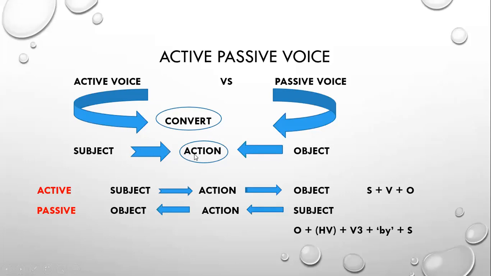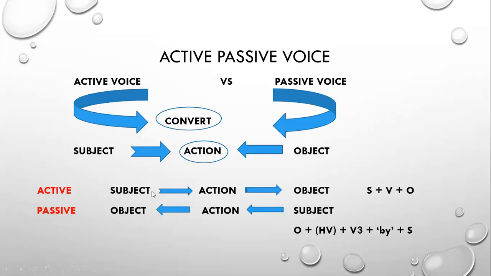If I'm talking about active voice, that means the subject performs the action and the object receives the action. So here importance is given to the subject. Normally we write in active voice only.